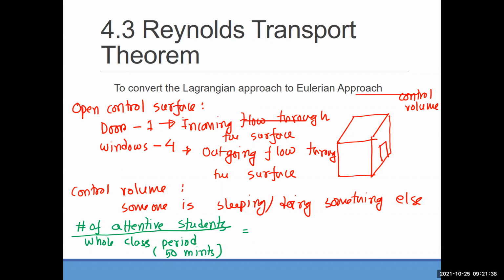You came 15, 5, 4 jumps, so we have 11, but within that 11, I'm sure I'm not having 11 students for the whole time. Someone is sleeping or doing something. That means I'm not having 11 attentive students all the time, right? So how many factors do we have? We have something for incoming.